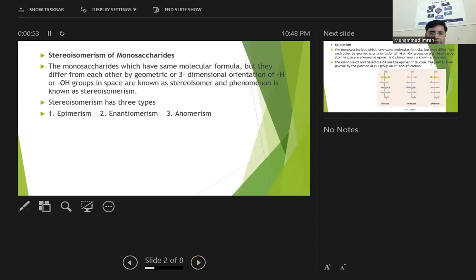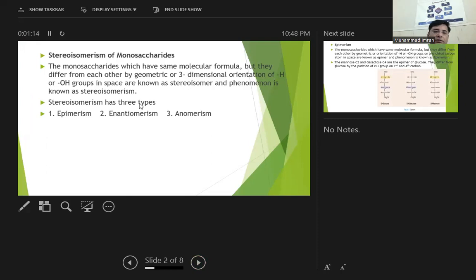Monosaccharides which have the same molecular formula but differ from each other by the three-dimensional orientation of H or OH groups in space are known as stereoisomers, and the phenomenon is known as stereoisomerism.